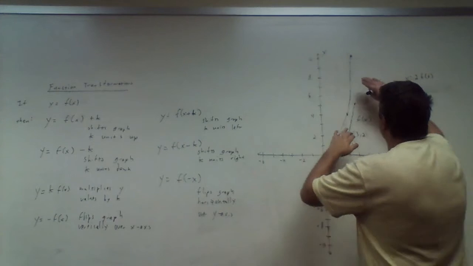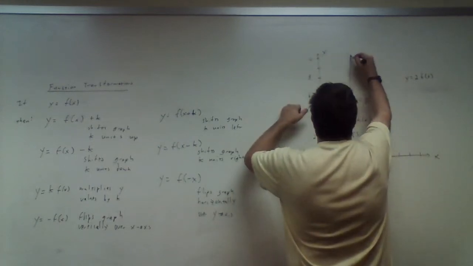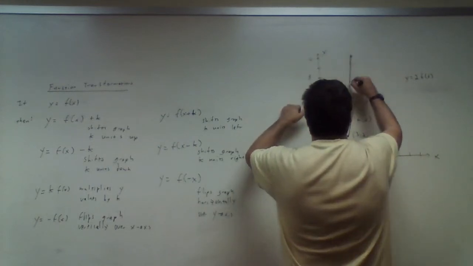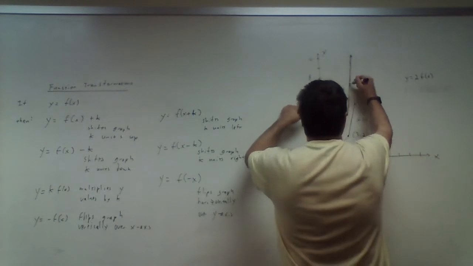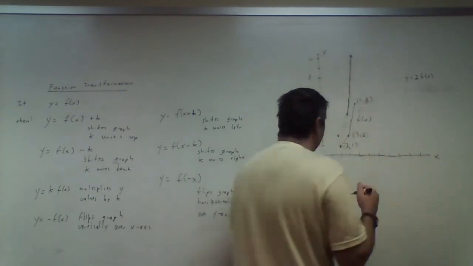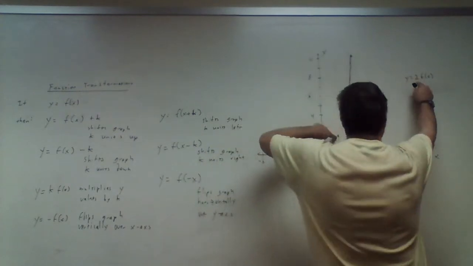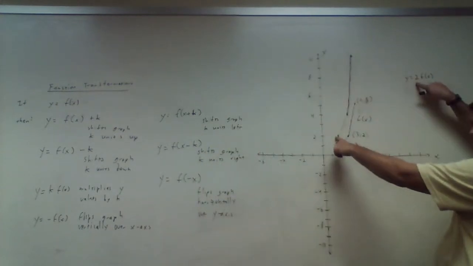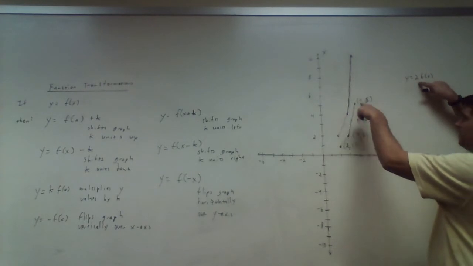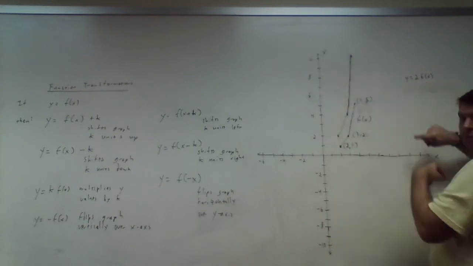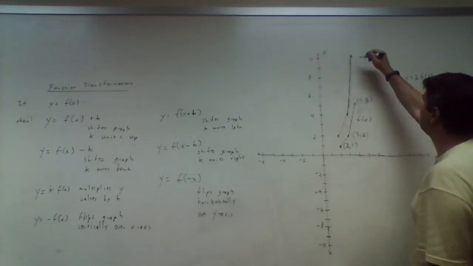That's supposed to be a line. It'll suffice. The y coordinate here got doubled. The y coordinate here got doubled. And the y coordinate here got doubled. So that's my new y.